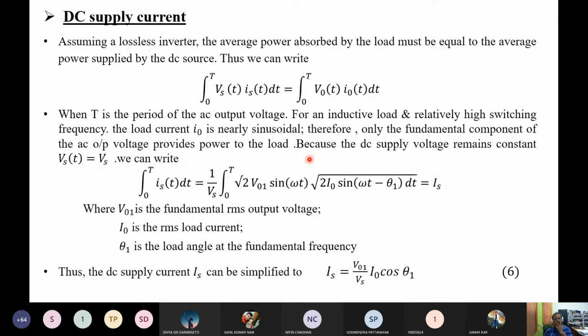Because the source voltage remains constant, at any instant the small vs is equal to Vs. Instantaneous voltage is always expressed in small letters. So this becomes Is.